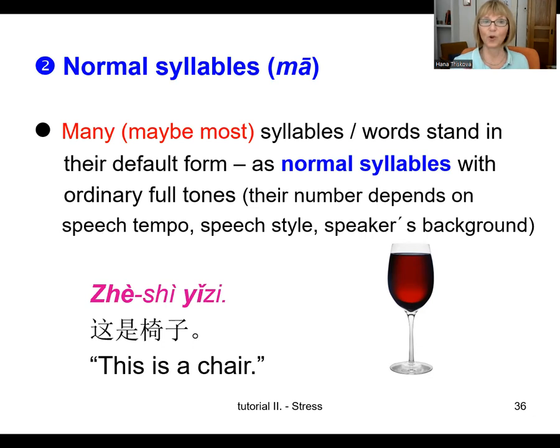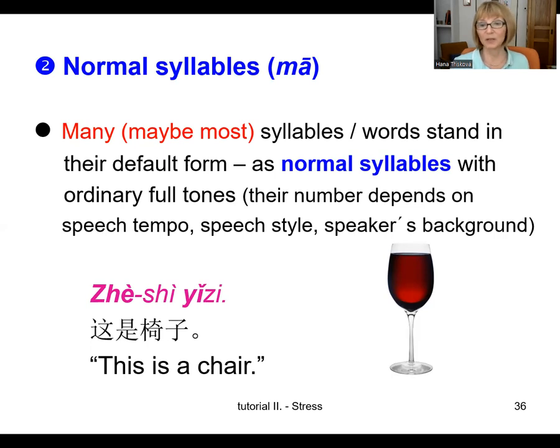The number of normal syllables, or density of normal syllables, may vary, and it depends on speech tempo. The faster speech tempo, the fewer normal syllables and the more weakened syllables. Then speech style, in formal style, we find many normal syllables and not so many weakened syllables.